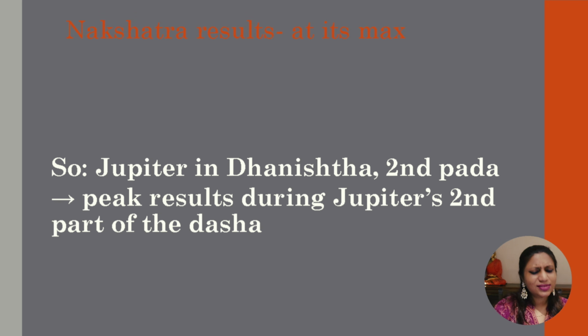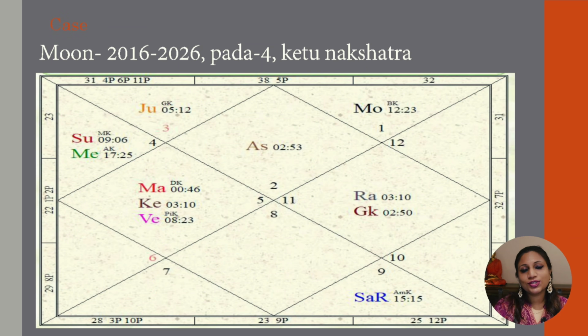Now let's understand this concept with the help of a few charts. See this chart. Let's discuss Moon's time period. Moon is in the fourth pad of Ashwini Nakshatra, that is Ketu's Nakshatra. Moon's time period started in 2016 and will end in 2026 because Moon's time period is for 10 years.